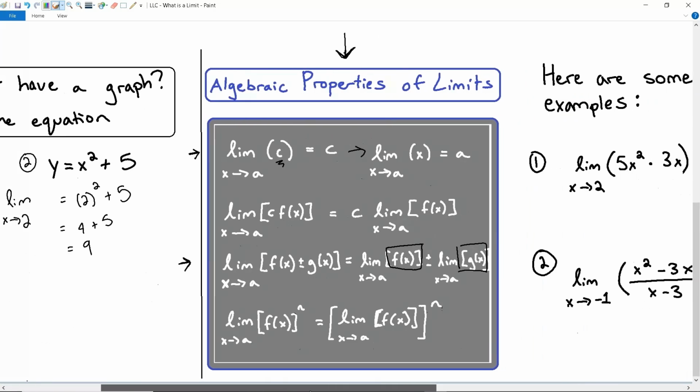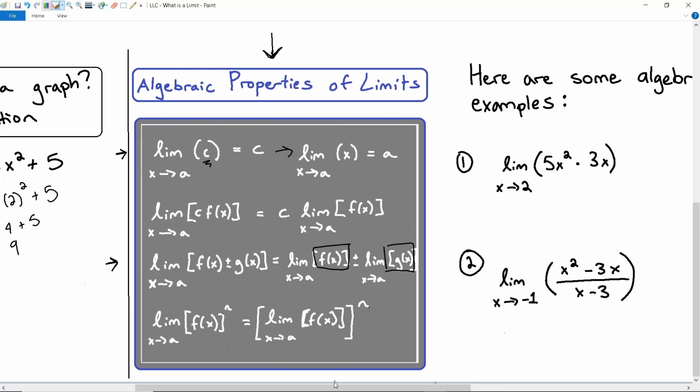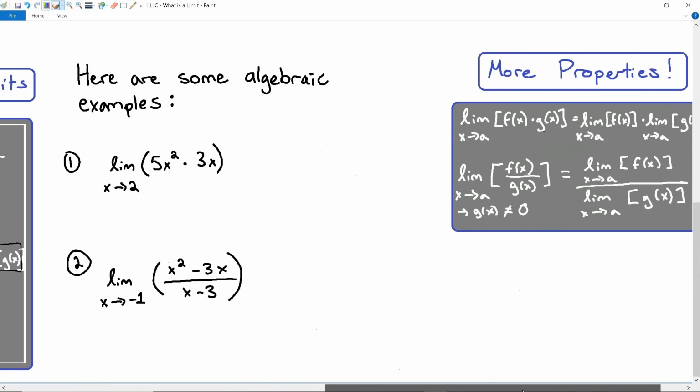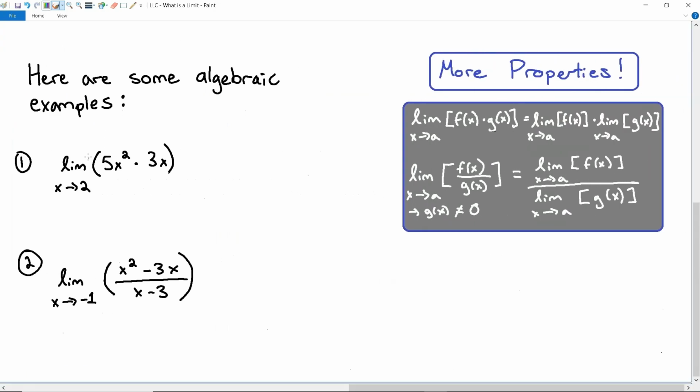Let's get a bit more practice in. So on this one here, it looks a little bit more complicated. In the same vein, we could literally just plug in a value of 2 here and get our answer. But let's see if we can use our properties. In this case, we have a 5x squared being multiplied by a 3x.